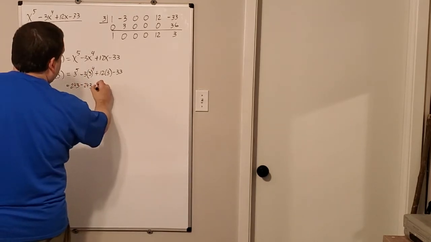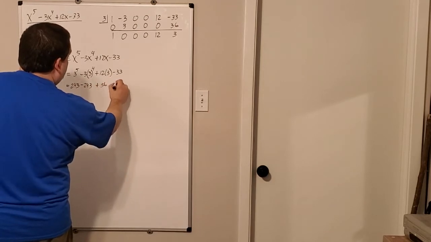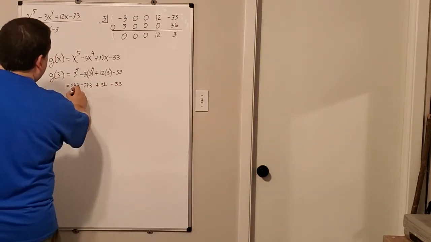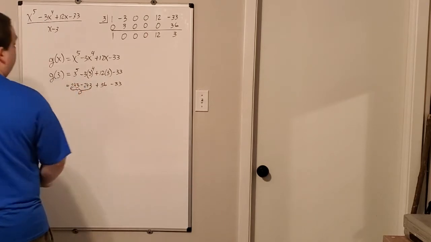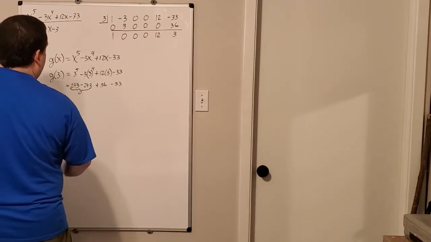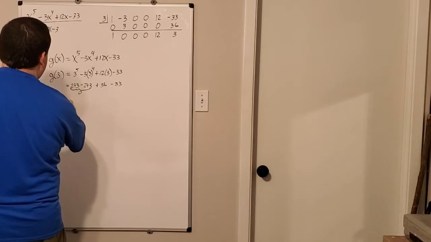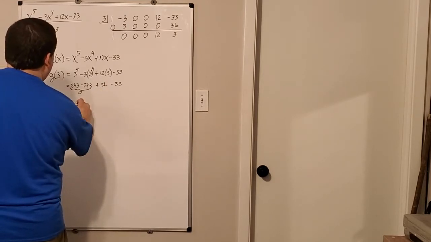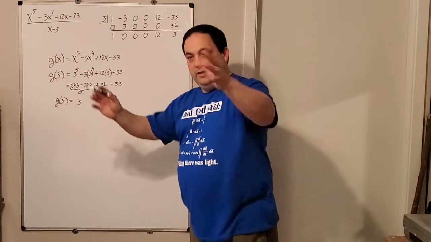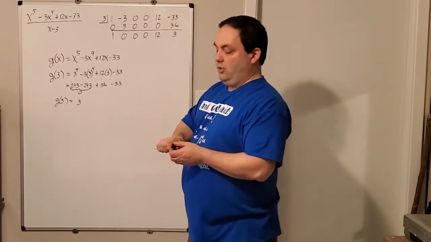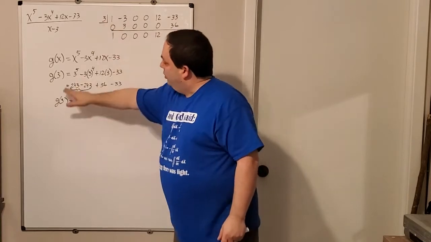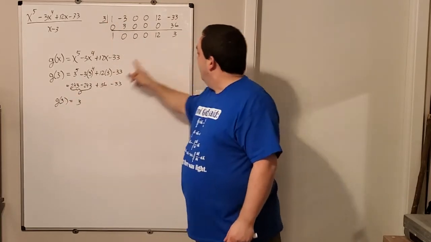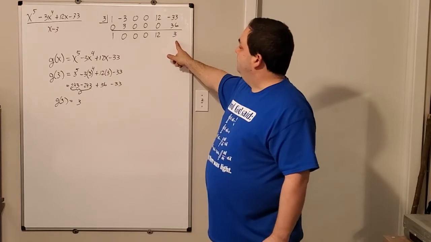And then 12 times 3 is 36 minus 33. Notice these two zero out, and then 36 minus 33 gives me that g of 3 is in fact equal to 3. Again, the numbers being the same, the x and the y, is just a coincidence, but it is not a coincidence that the input being the same gives the remainder output here being the same.